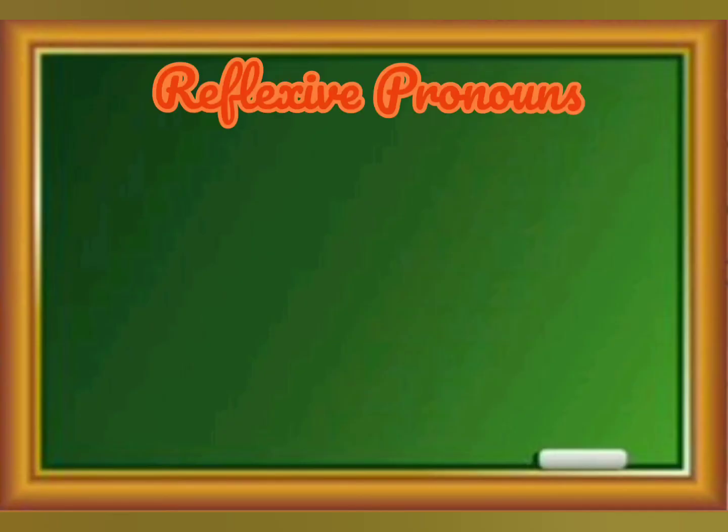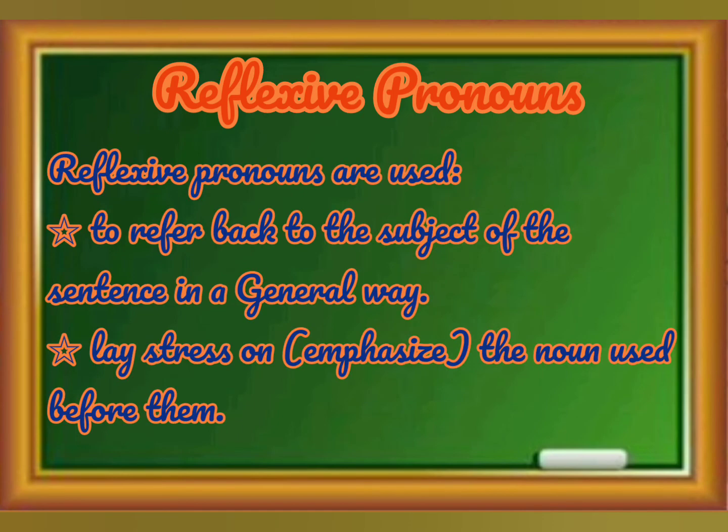Now let us see what reflexive pronouns are. Reflexive pronouns are used to refer back to the subject of the sentence in a general way, and also to lay stress or emphasize on the noun used before them.